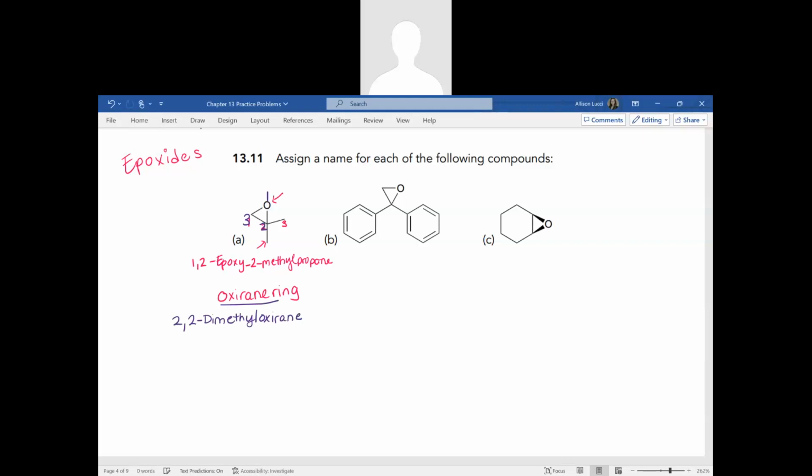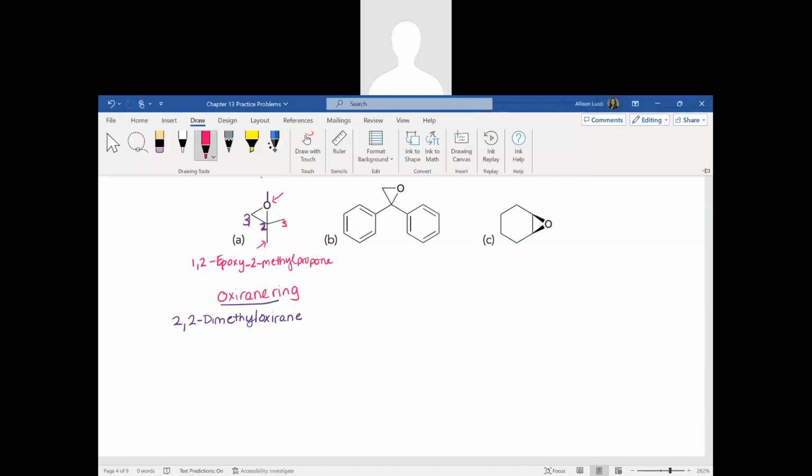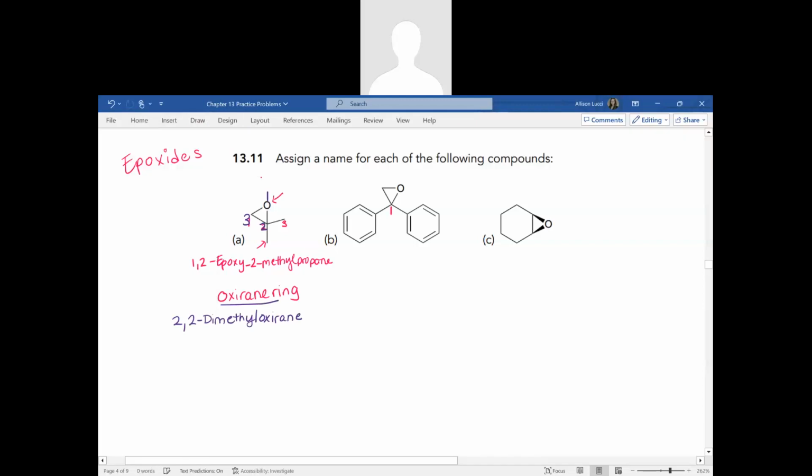Let's take a look at compound B here, and we'll go back to our first method of nomenclature. We will call this carbon 1, this carbon 2, and following a similar method, we will call this a 1,2-epoxy.